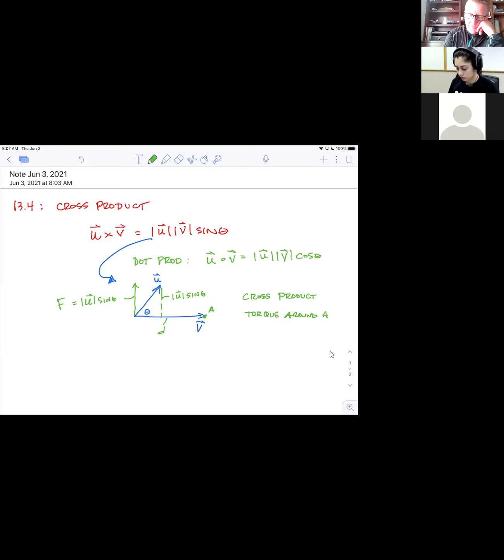And we said yesterday, the only part of that that counts is the part that's perpendicular. And so U modified by the sine of theta is going to be smaller. That's the gist of what we said yesterday.